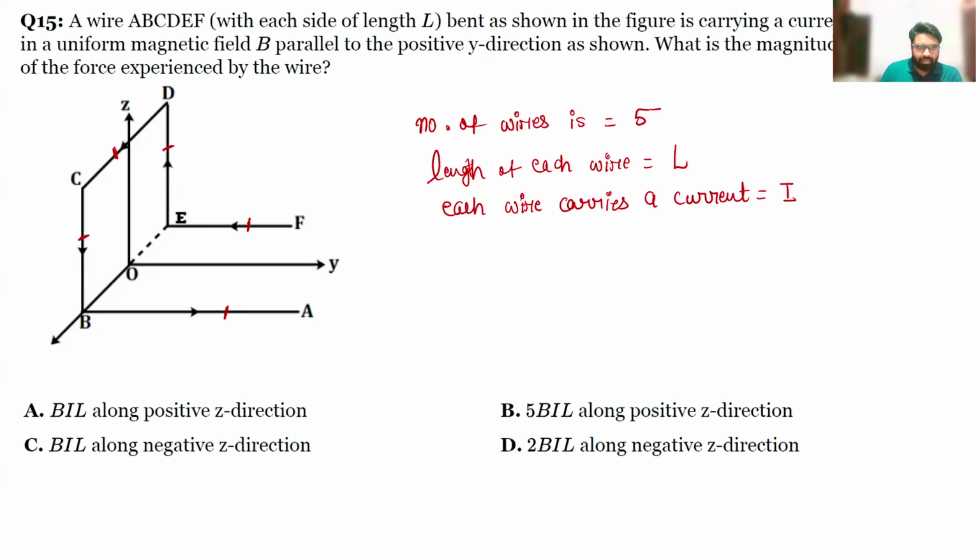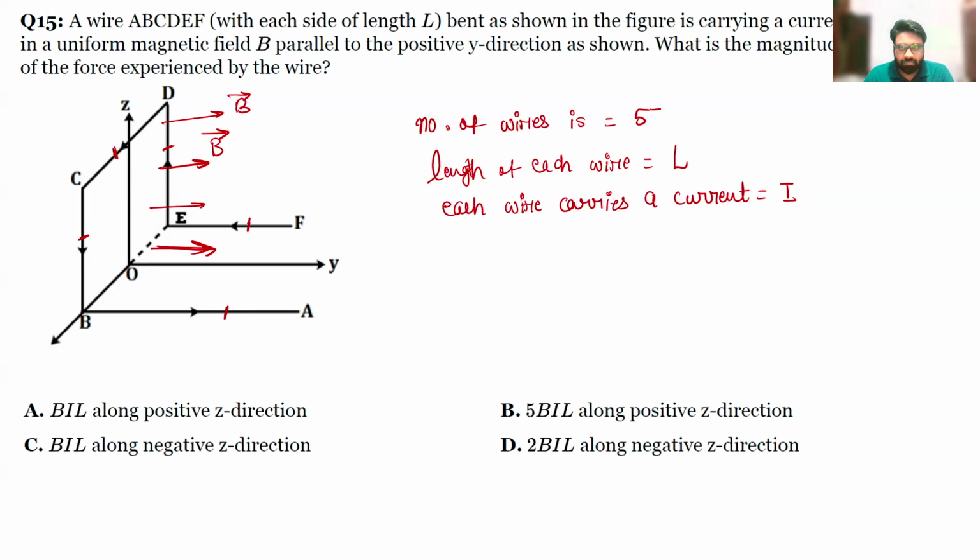And there is also a magnetic field in the positive y axis in this way, like this. This is the direction of magnetic field B.